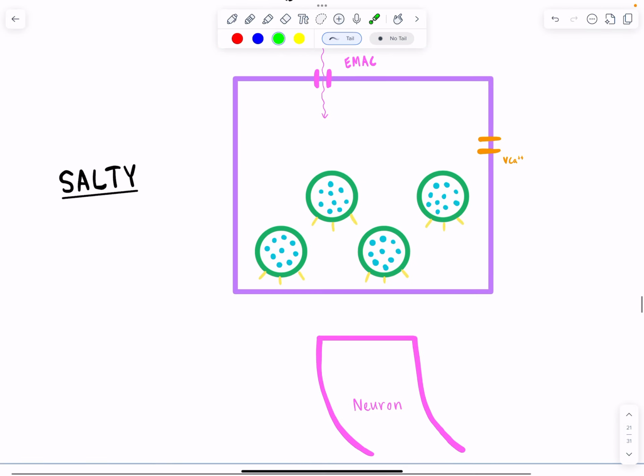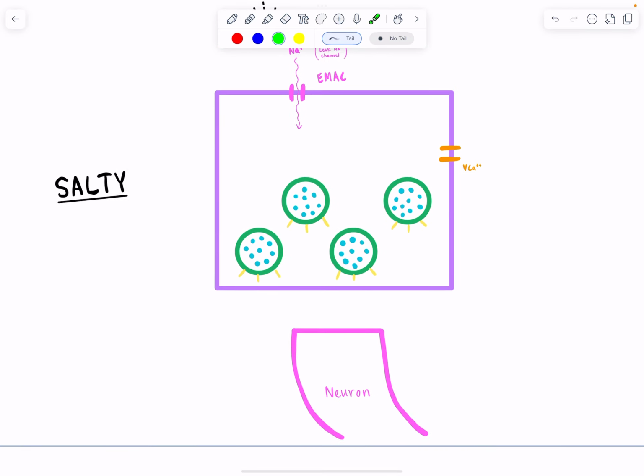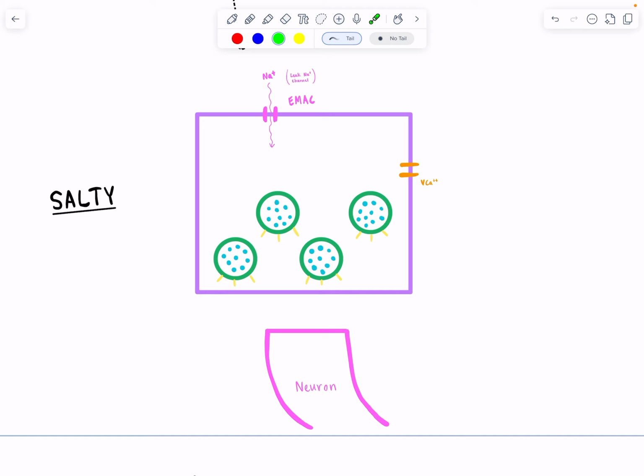Okay, sorry. So salty. First, let's say we eat a food, it gets dissolved with our saliva, and those dissolved particles come in and hit these cells and cause certain responses.